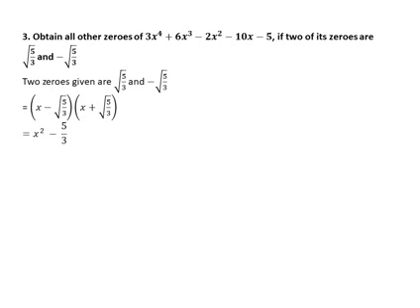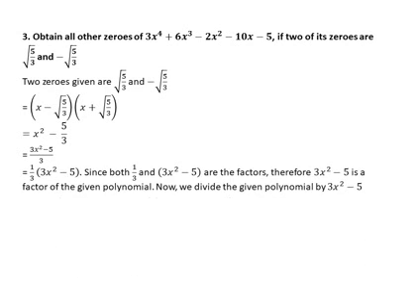It is in mixed fraction form. If I take the LCM, it is 3x square minus 5 by 3. I will take 3 out as common. We can write it as 1 by 3 into 3x square minus 5. Therefore, 1 by 3 and 3x square minus 5 are both factors of the given polynomial.